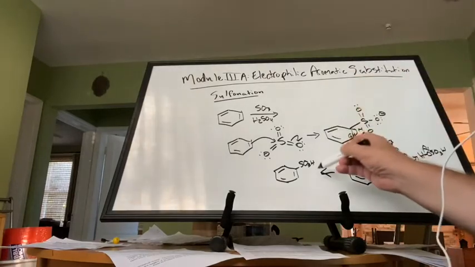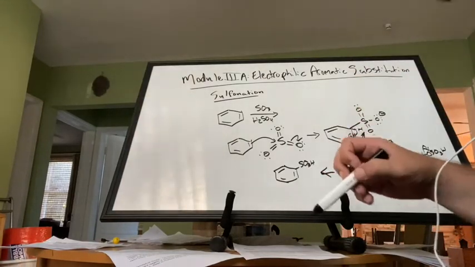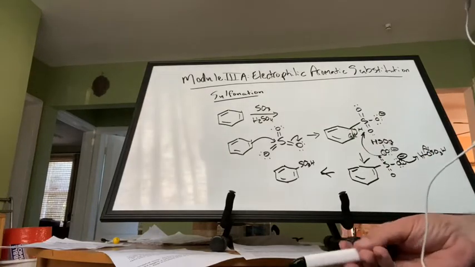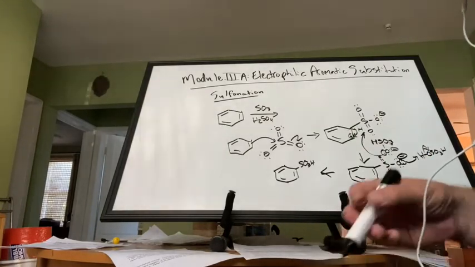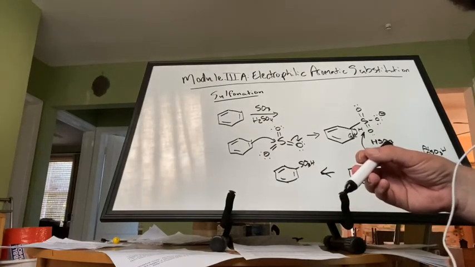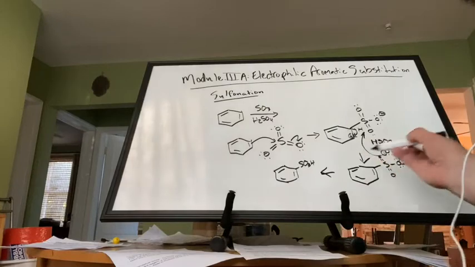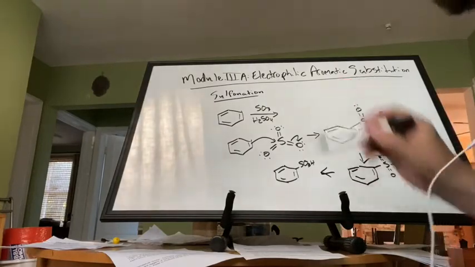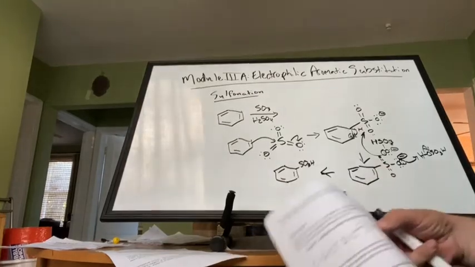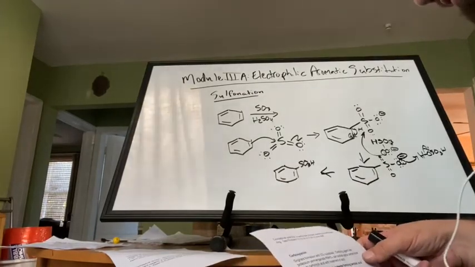Okay. Now, this can be reversed if you just use dilute acid. Okay. So dilute acid meaning that it's mostly water. So what that's going to do is actually reverse things to go backwards. And you can take a look in your text to see that in reverse.